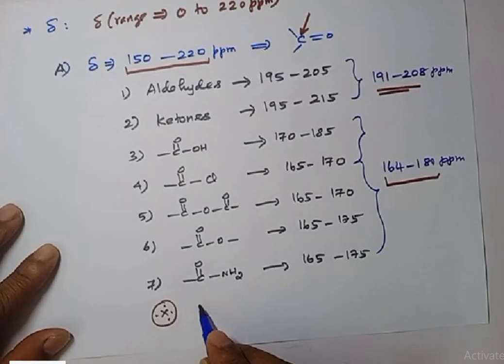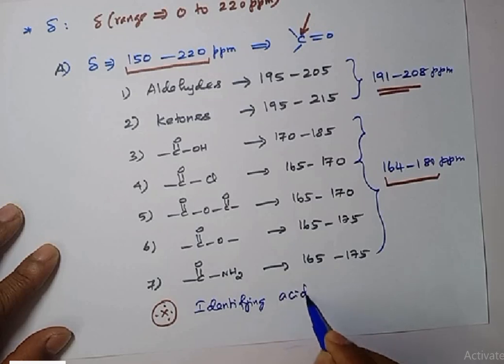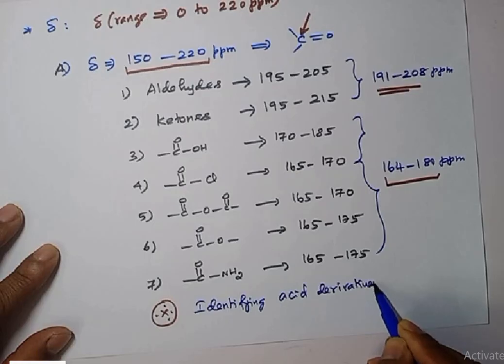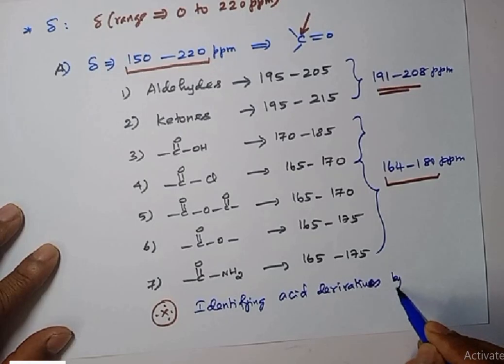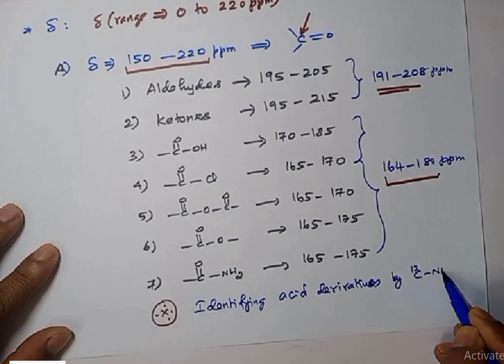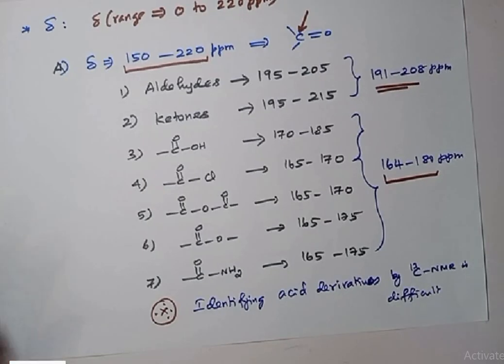Let me write here: identifying acid as well as acid derivatives by C13 NMR is difficult. It's a very, very tough task.